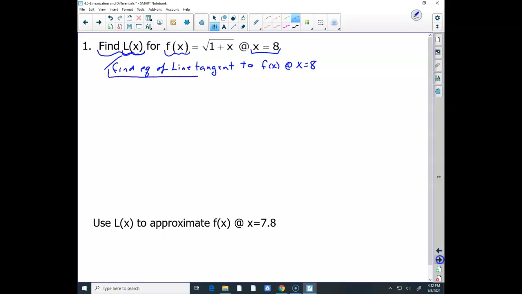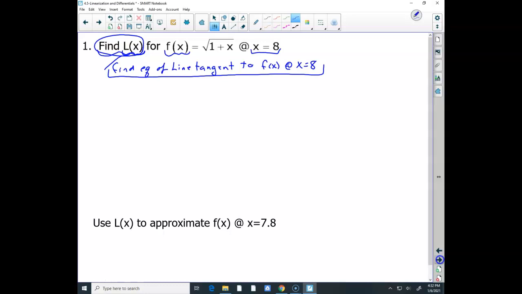Now notice, this is a mouthful. It's a lot of stuff to write. Mathematics, we have shorthand for lots of things. So L of x is a tangent line to the function at that point.